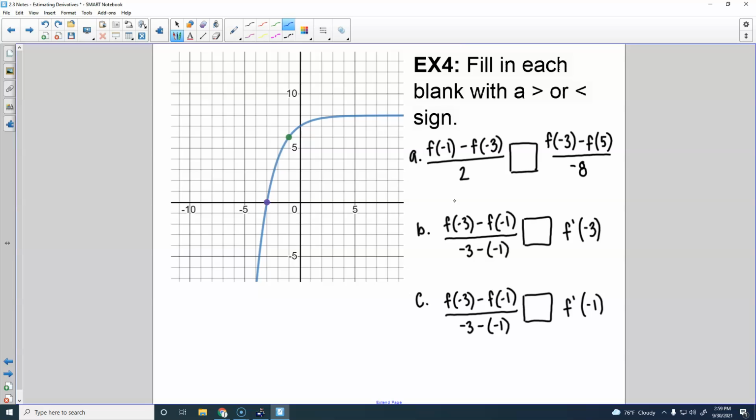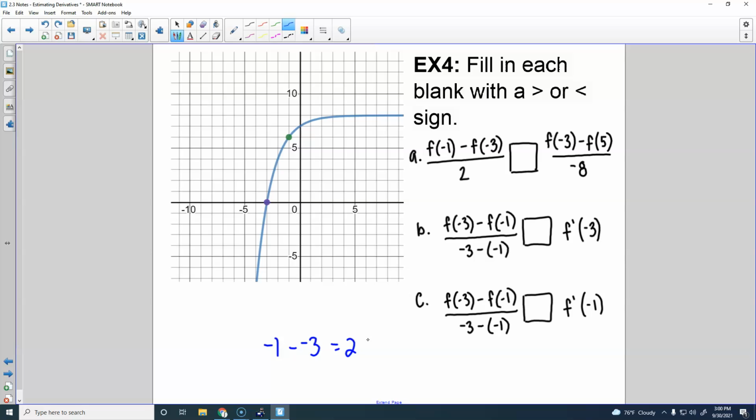It's a slope. Between what 2 points? X equals negative 1 and x equals negative 3. And that bottom is 2 because negative 1 minus negative 3 would be 2, right? So they went ahead and simplified the denominator. Sometimes they do that, sometimes they don't.